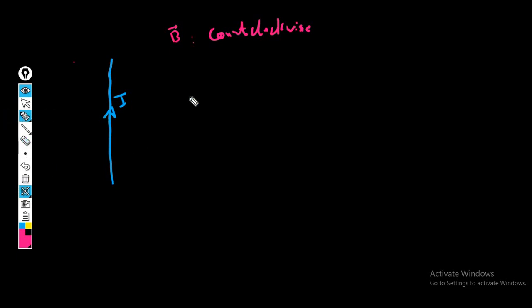Usually, if you want to represent anything which comes out of the page or out of the screen of your device, the screen of the laptop or the screen of your mobile if you are using a mobile, then we draw a dot. This dot means that the vector is coming from the screen toward your face.